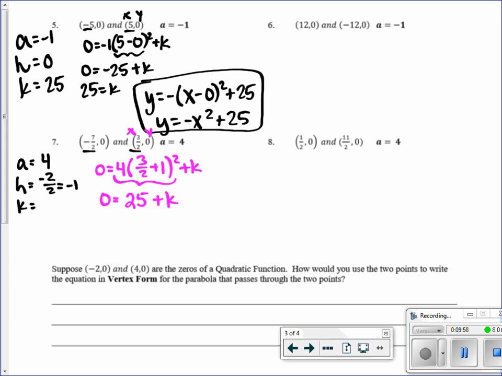So then subtract 25, so negative 25 is our K value. Which means our equation would be y equals 4 times (x plus 1) squared minus 25.